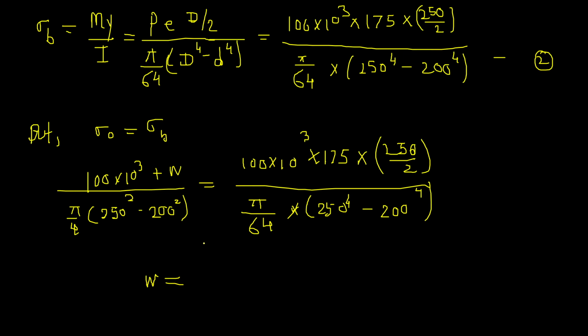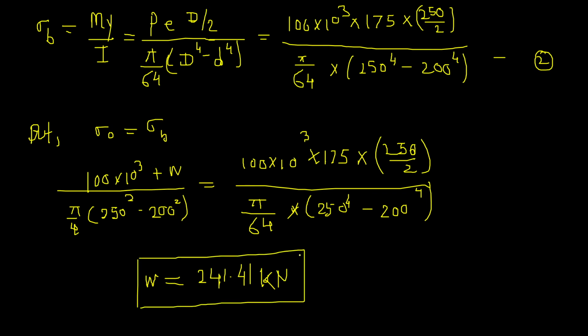So that W value should come as 241.41 kilonewton. Okay, so this is the minimum value of axial load. Okay, so this is the question number 6.